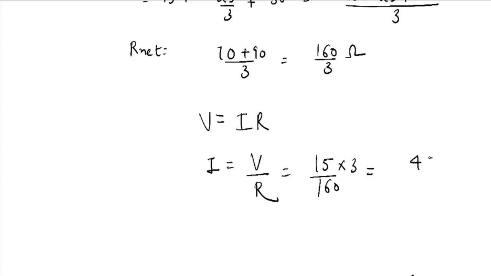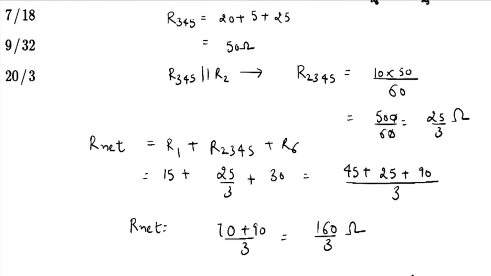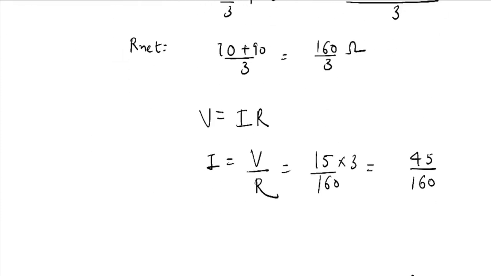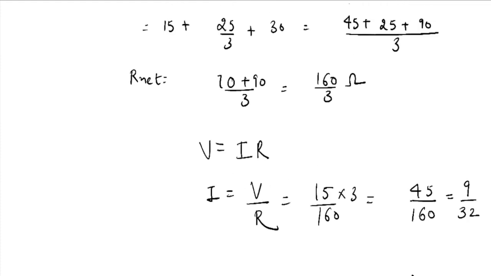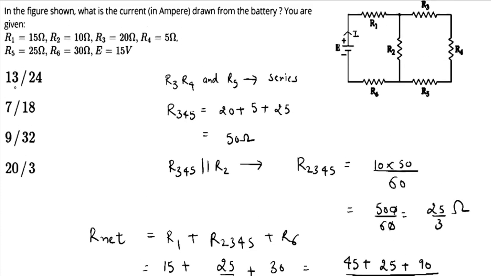On solving we get 45 divided by 160. Dividing by 5, 9 fives are 45 and 32 fives are 160. So it is 9 upon 32, that is option C. Hence option C is right. I hope you understood this explanation.